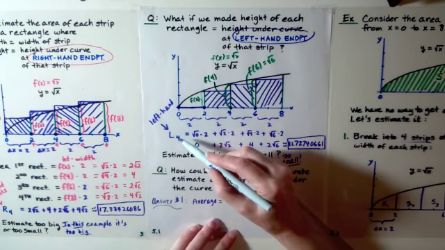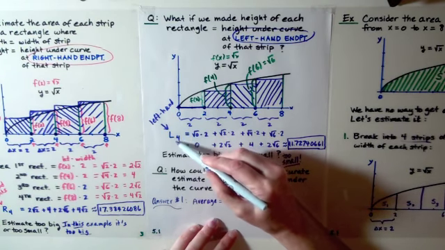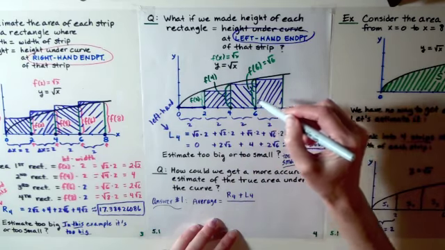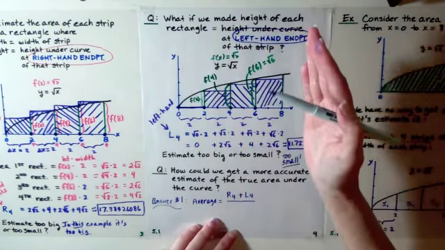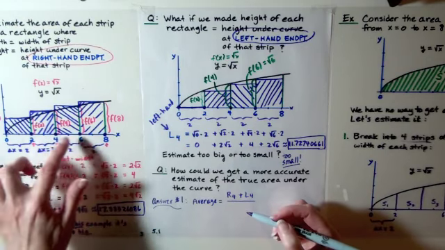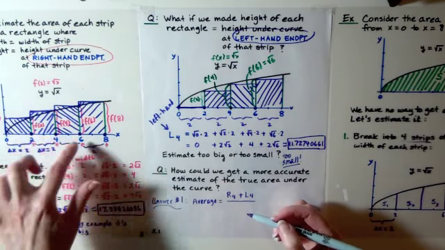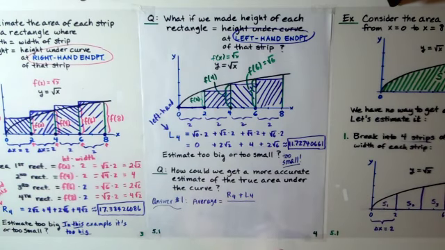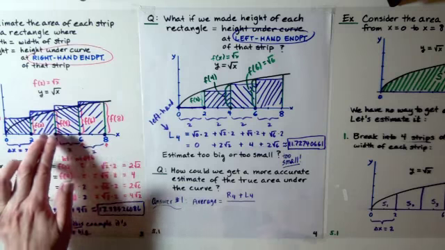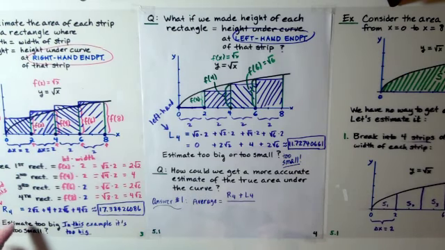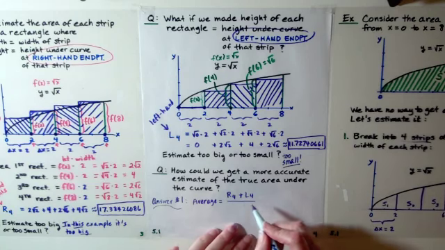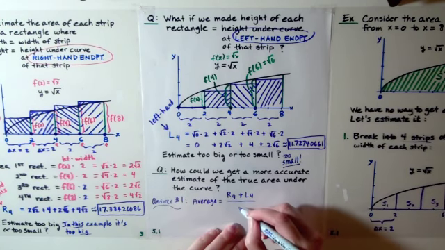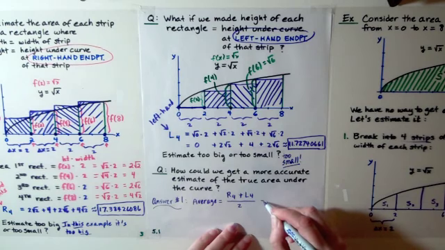Oh, by the way, the reason we use this subscript of 4 is that we're using 4 rectangles, 4 subdivisions, or 4 strips in each case. We did the same thing when we used the right-hand endpoints as the place where we evaluated our heights. We had 4 different rectangles, and so it was R sub 4. So R sub 4 plus L sub 4, and divide that whole thing by 2.